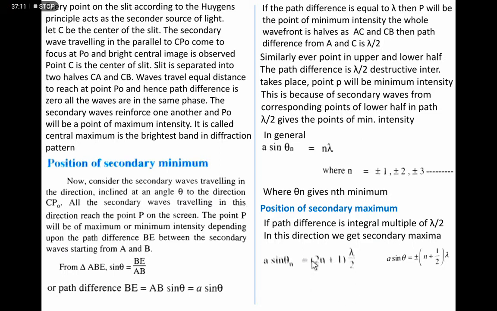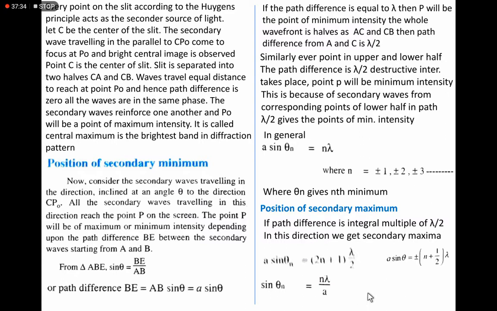If the 2 is outside the bracket, the 2 cancels, and this becomes n plus 1 by 2. The equations are the same, no need to worry about it, and we get the path difference with this equation.